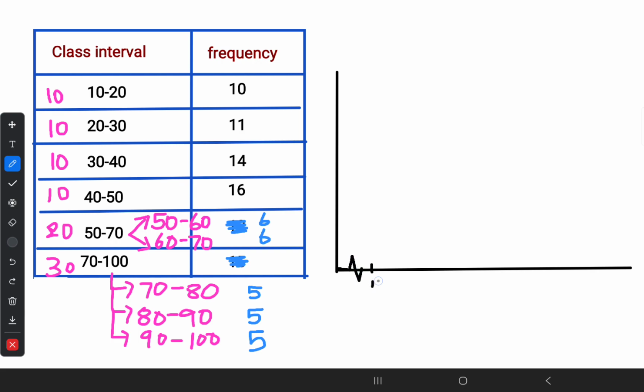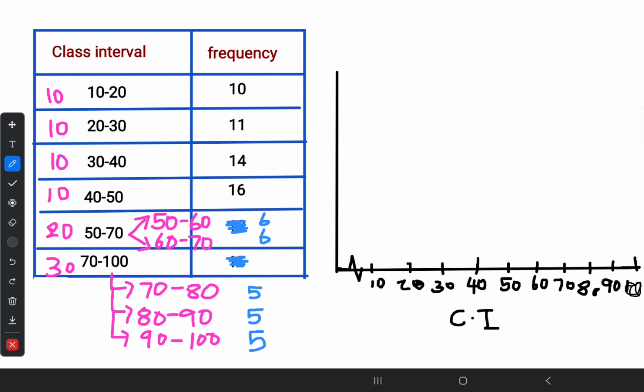Thereafter 10, 20, and the horizontal axis shows the class intervals and vertically the frequency. So I will write 5, 10 for my convenience.